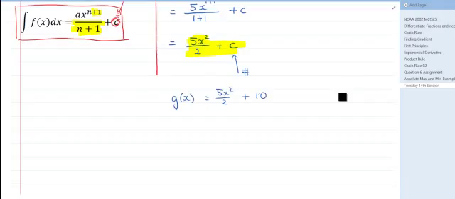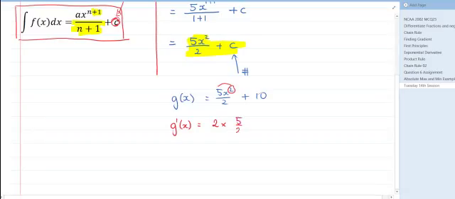If I asked you to find the derivative of this right now, you would actually do your power rule where you'd say, alright, well, g dash of x is equal to, and using the power rule, bring the power down, and it's 2 times a, which in this case is 5 over 2, x to the power of 2 minus 1. Plus, and well, you know the derivative of 10 is going to be 0, okay?